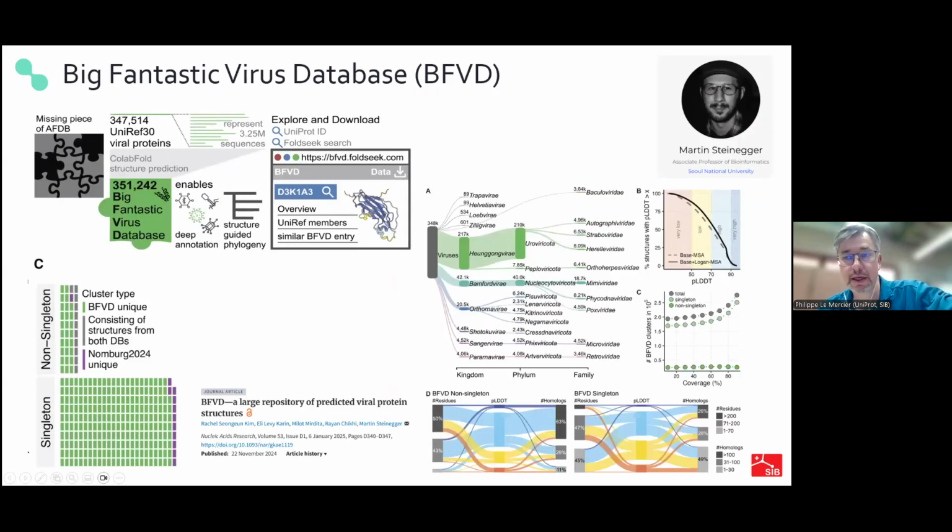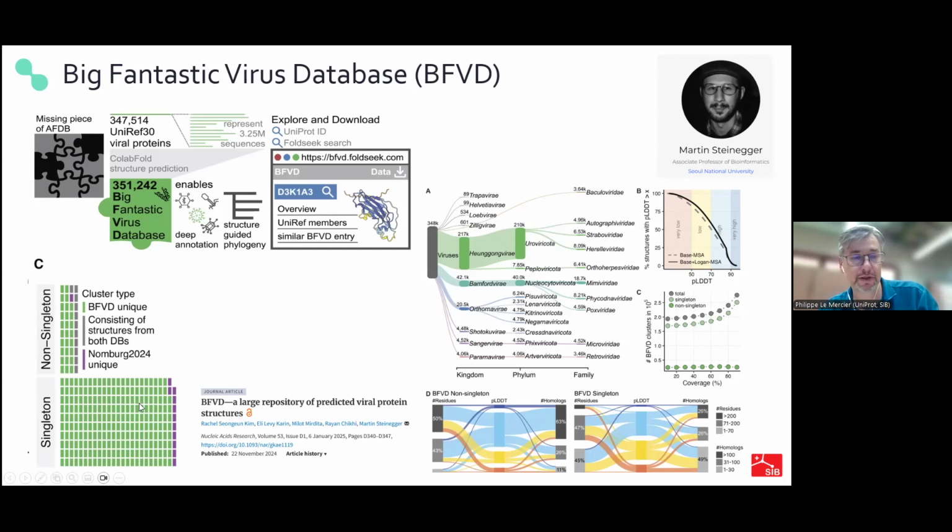And then Martin Steinegger made the big fantastic virus database, which is actually huge because they make a UniRef30. So it means that they cluster the viral proteins by similarity of sequence with a similarity of 30%. So it makes a lot of clusters. And many clusters are singletons, which are maybe a bad quality or maybe just diversity.